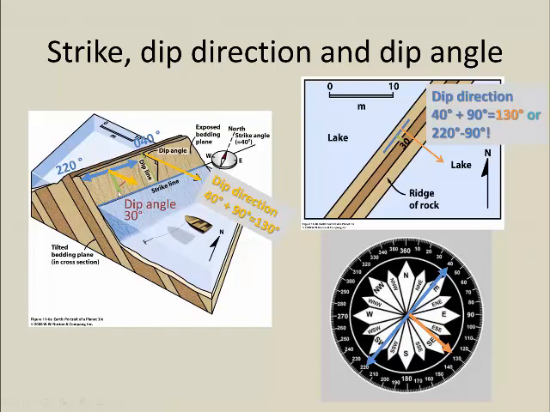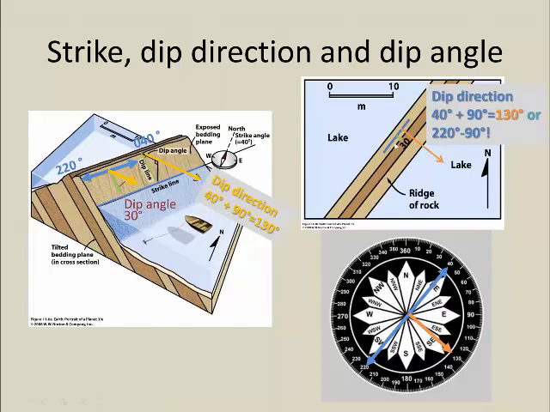This angle can also be measured with the compass in the field, and here in this example this is an angle of 30 degrees, and on geological maps the dip angle is usually recorded as a number. We see here the strike line, we see here the dip line, which on a map is identical to the dip direction, and we see here the 30, which is the number of the dip angle.